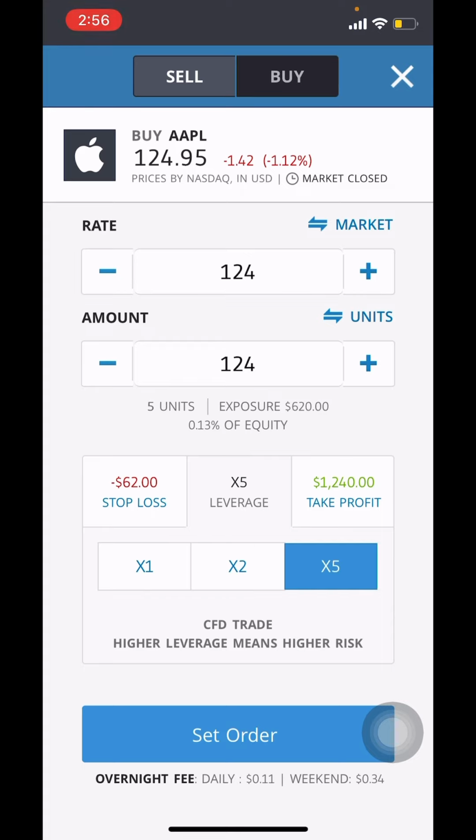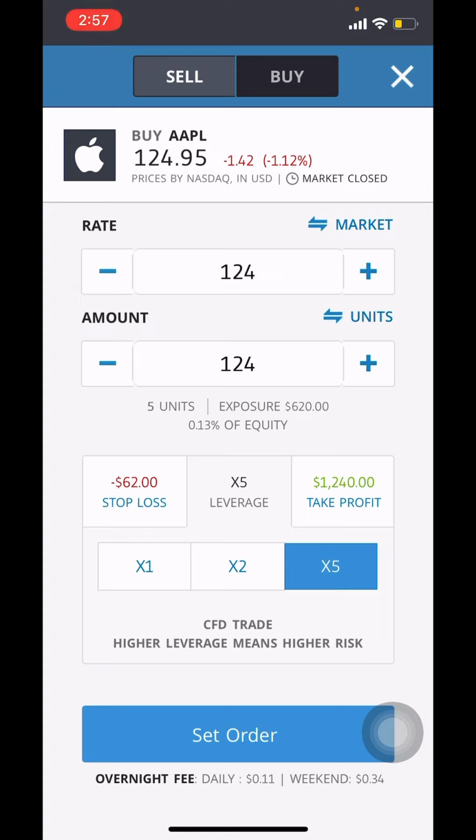So what that means is when the market prices go up, if Apple stock goes up 5%, 7%, or even 10%, then it will be amplified times 2, times 5, depends on the leverage that you use. But if it goes down as well, 5%, 10%, then it will be amplified down x2, x5 as well.